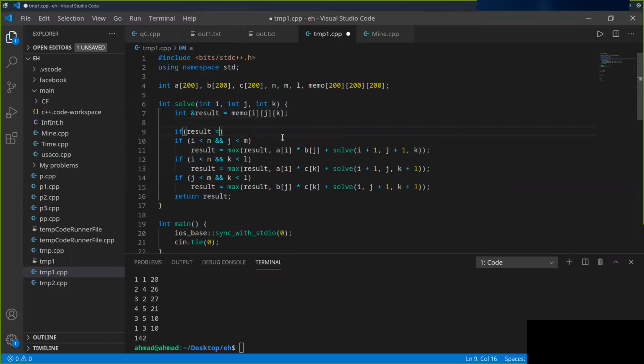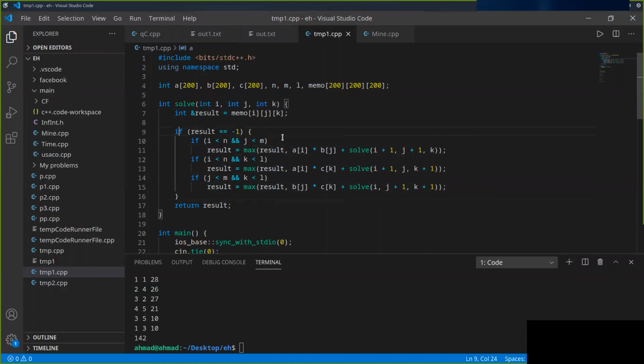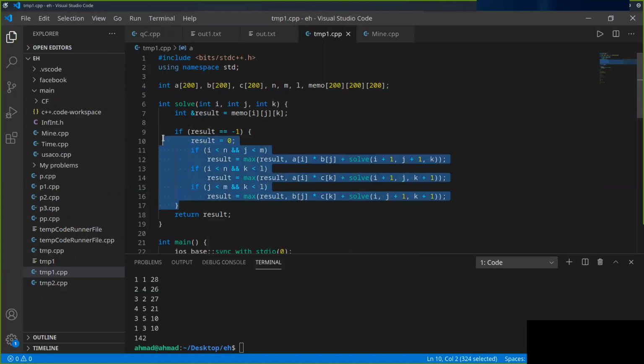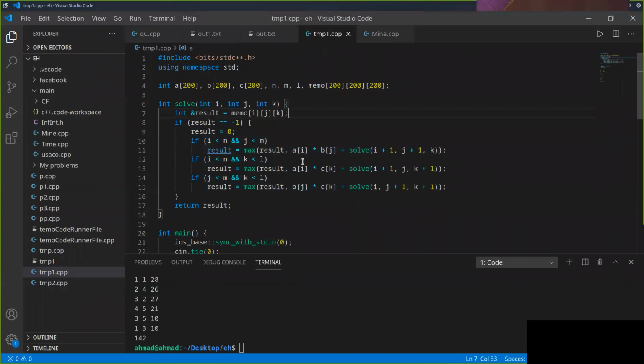And if result equals -1, then make result equals 0, and then compute that. So that's it. That's the function to compute the answer.